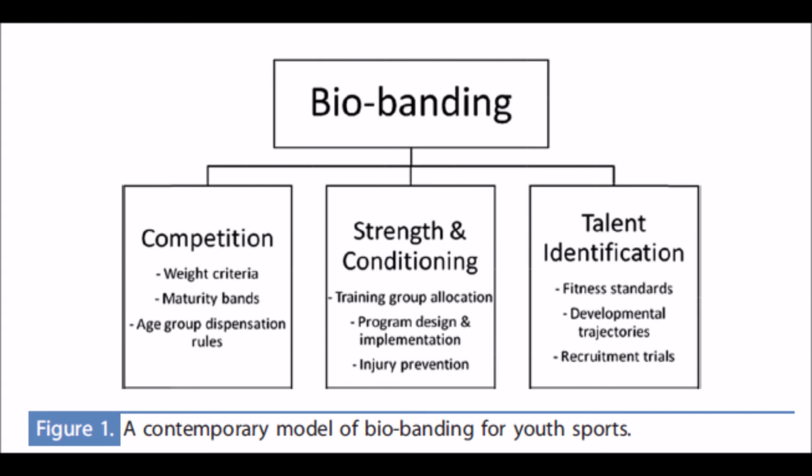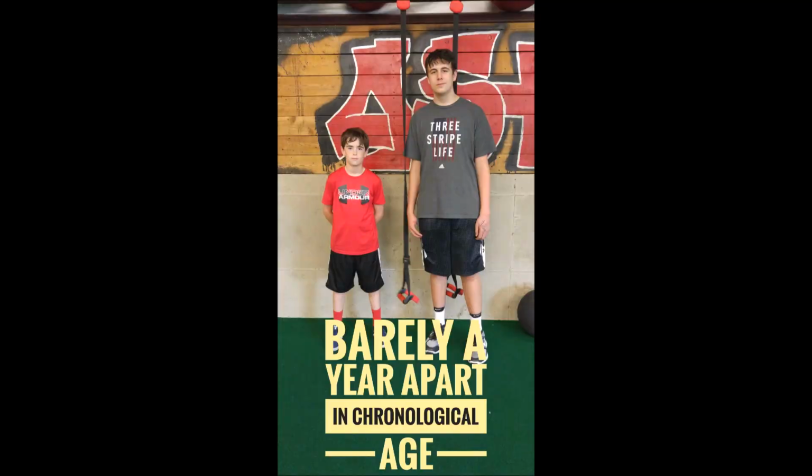The article kind of points that out, that gains in strength, speed, and power are best achieved at those young ages before puberty by neuromuscular mechanisms. So the brain and the spinal cord learning how to do the exercise or the movement pattern correctly, whereas post-pubescent kids tend to get stronger, faster, and more powerful through muscle fiber hypertrophy, or increases in the cross-sectional size of the muscle tissue itself.